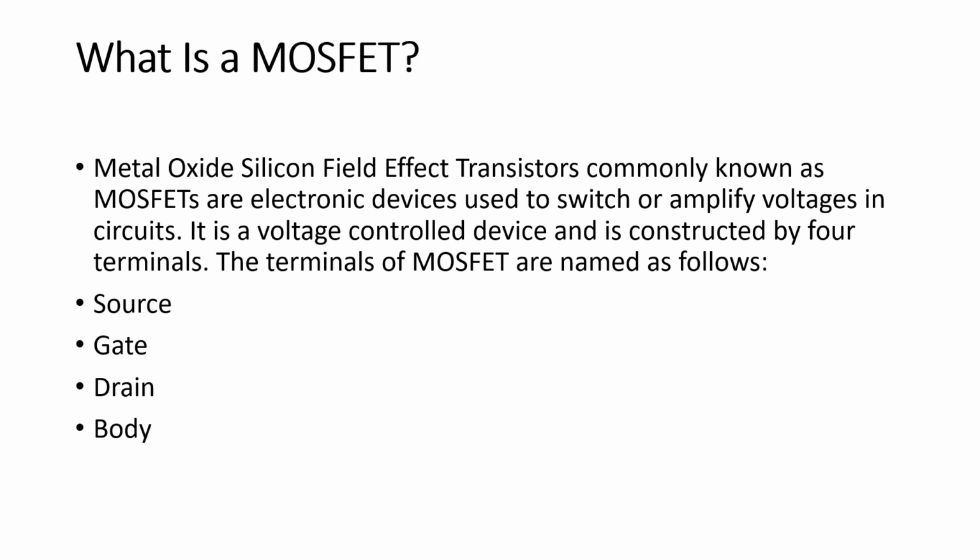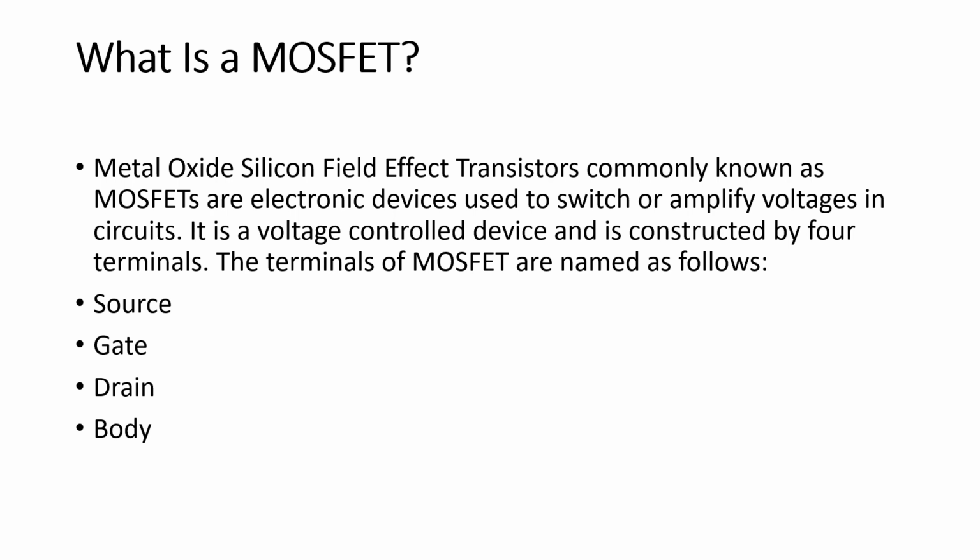Here is the definition of a MOSFET. What is the abbreviation of a MOSFET, what type of device is it, and how many terminals does it have? So let's start discussing this. A MOSFET is a metal oxide semiconductor field effect transistor, an electronic device used to switch or amplify voltages in circuits.